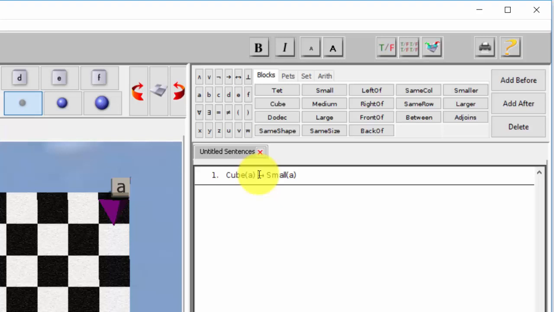All right, so let's say that A is a tetrahedron. If A is a tetrahedron, then it's medium. Now our antecedent is true because A is in fact a tetrahedron, but A is small, it's not medium.